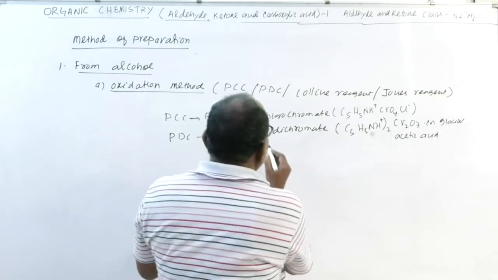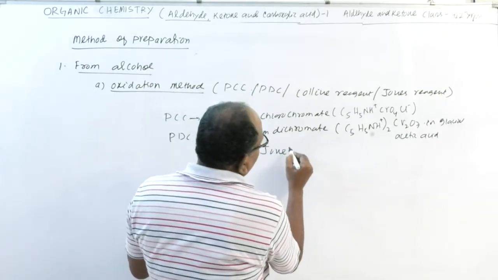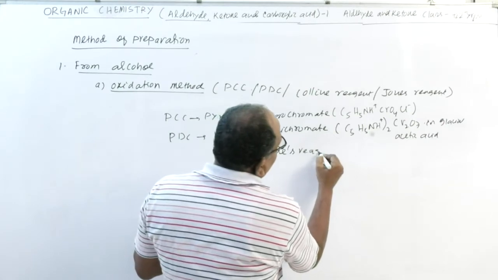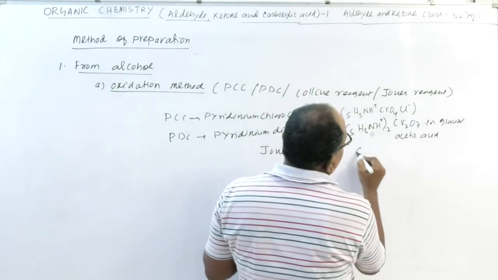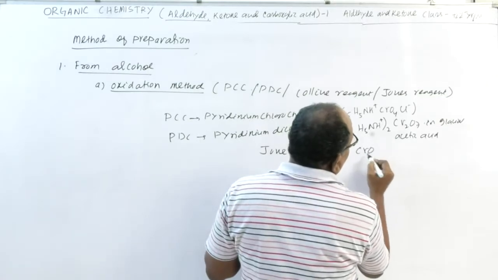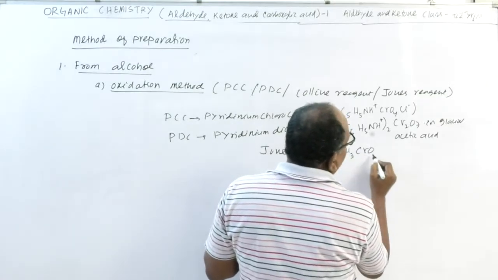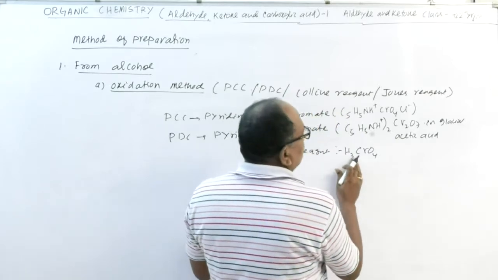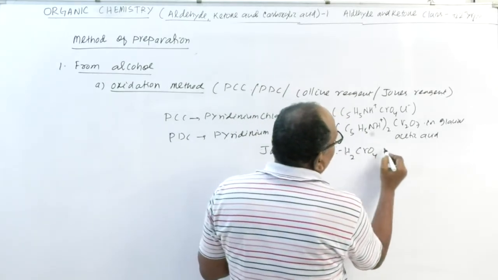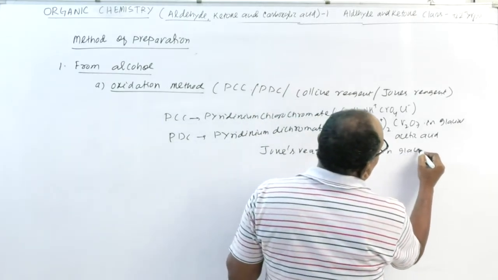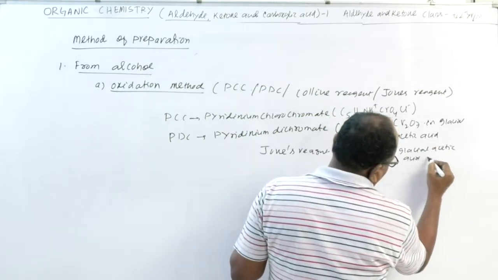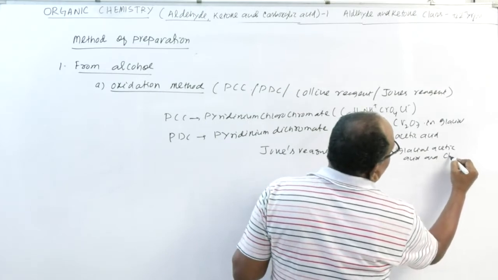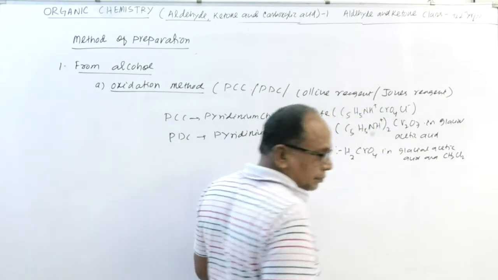So Jones reagent is your H2CrO4 in glacial acetic acid and dichloromethane.